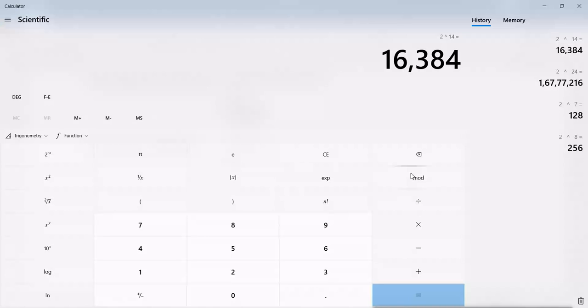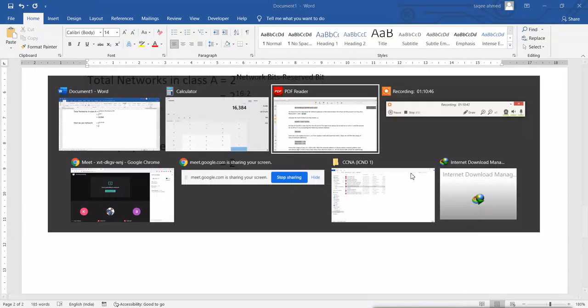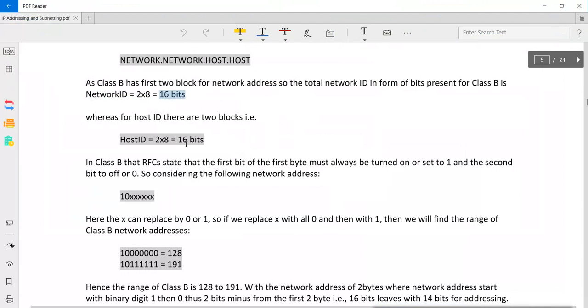It is divided into half, 2 network and 2 host parts, so 16 network bits and 16 host bits.